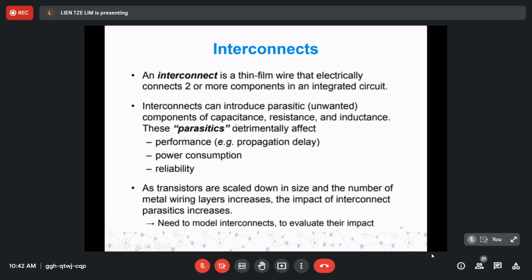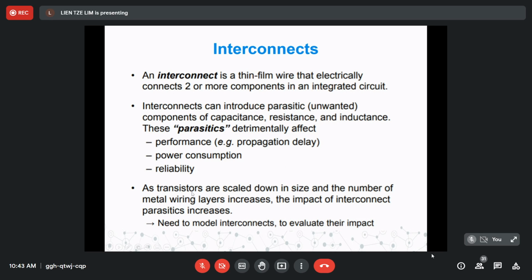Later I will cover in more depth the capacitance and resistance. These parasitics detrimentally affect the performance. Performance here means the propagation delay. It will cause a large propagation delay. So if a system has a large propagation delay, the performance is not that good. It will also affect the power consumption and reliability.